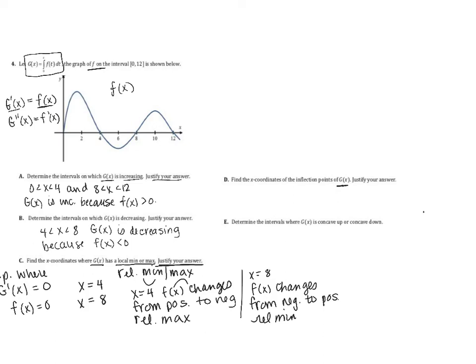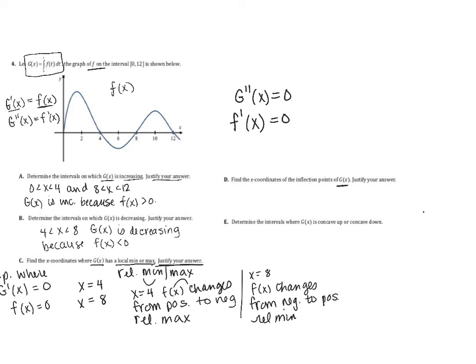So thinking about this a moment, a point of inflection, well, that's where g double prime of x is going to equal 0. And so I know g double prime of x in this particular problem translates to being f prime of x is going to be 0.